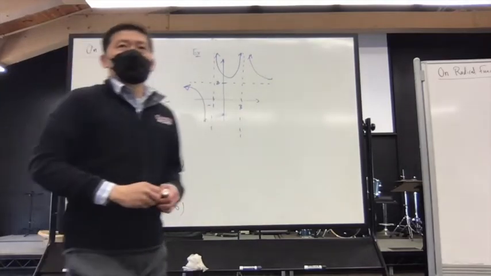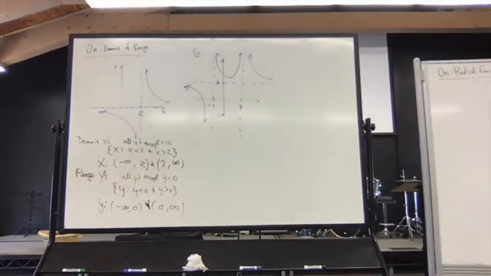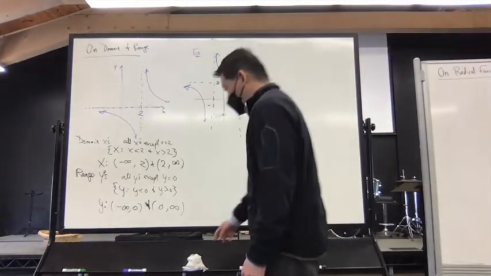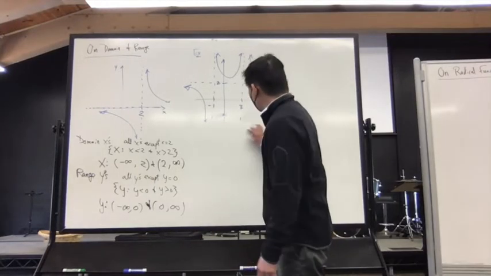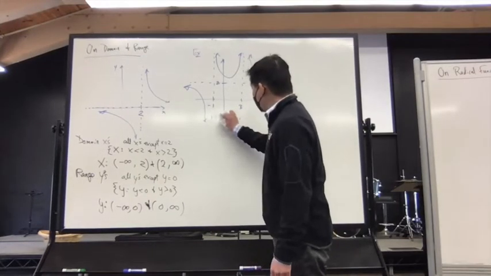Okay, go ahead and write down the domain and the range. What are the x values? What are the y values, the available x values and y values for this graph?